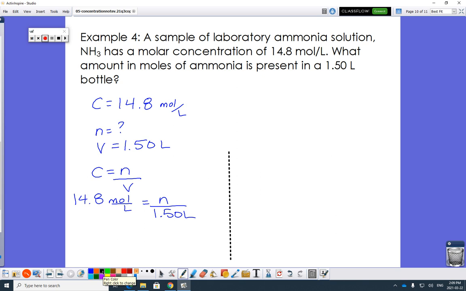So I want moles by itself. That's the unknown. Here I'm dividing. How do I get it by itself? The inverse is multiplying. You have to multiply on both sides. This cancels. You get 22.2, 1.5 times 14.8. The liters cancel, and you're left with moles.